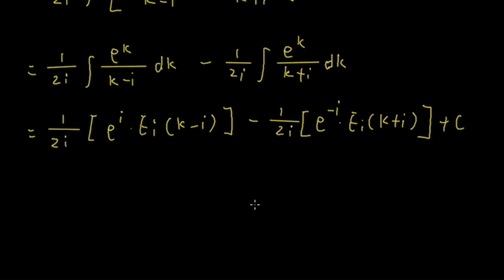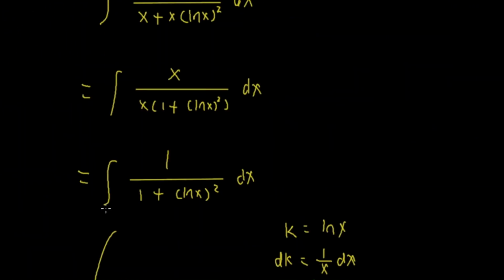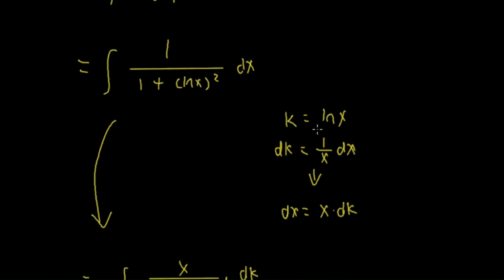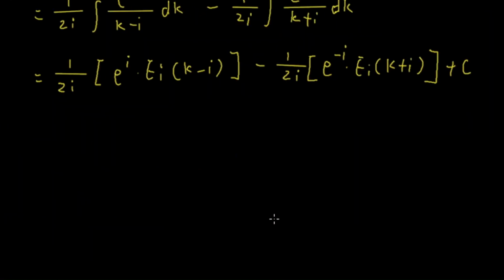Because we're done, but we don't want to write everything in terms of k. So let's go back to the original integral. What was k equal to? k was equal to ln of x. Now, we place ln of x into k here.